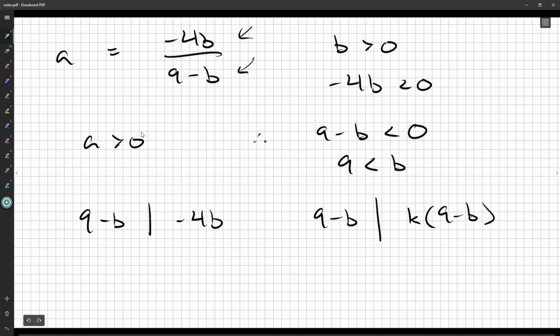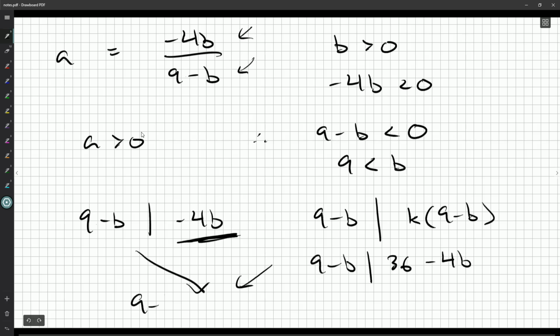So we can say 9 minus b has to divide 36 minus 4b. But since 9 minus b already divides negative 4b, both of these together allow me to conclude 9 minus b must divide 36. There we go. That's going to do it. So 9 minus b is negative, and 9 minus b is a factor of 36.